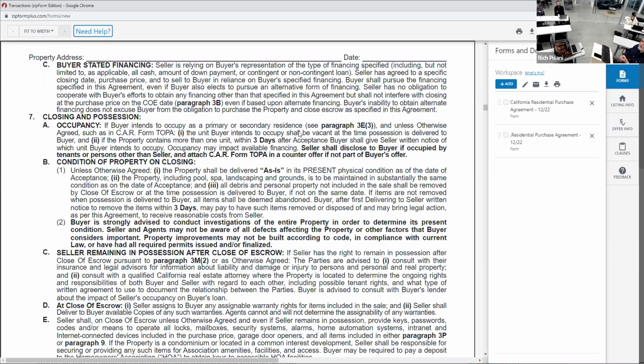If there were repairs that were supposed to be done that weren't done, you can't stop the close of escrow. The buyer's only remedy is small claims court. So you could possibly sneak around.